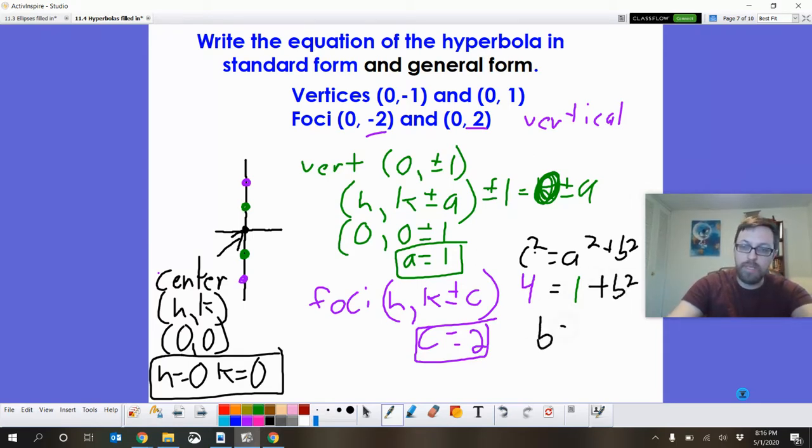So B equals, after a little bit of solving, oh, I'm just looking at my key. My key is wrong. That's why I made that face. It should be the square root of 3. Yeah, for B, square root of 3. There we go, B. Okay.